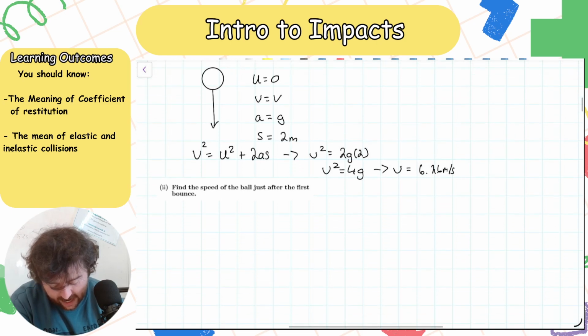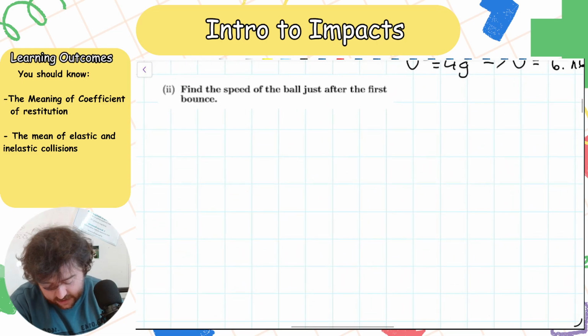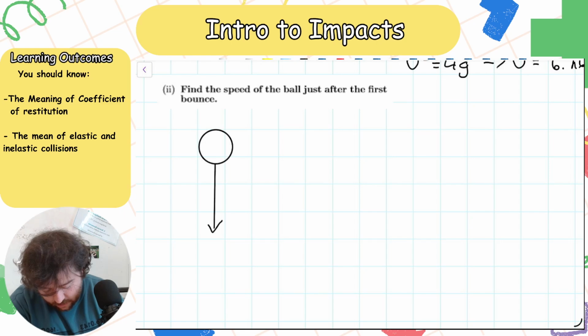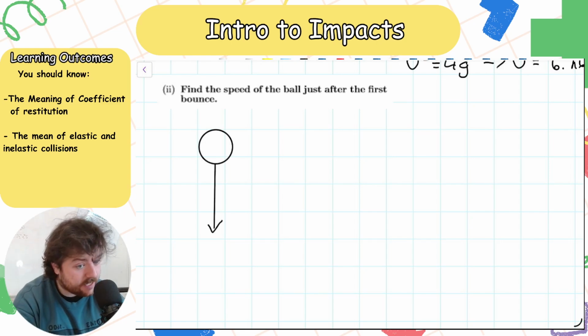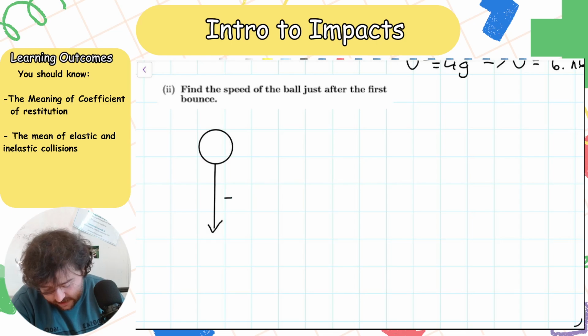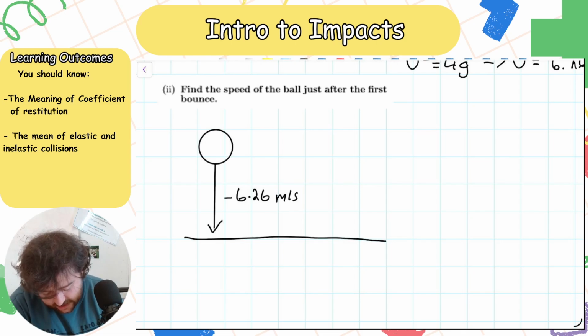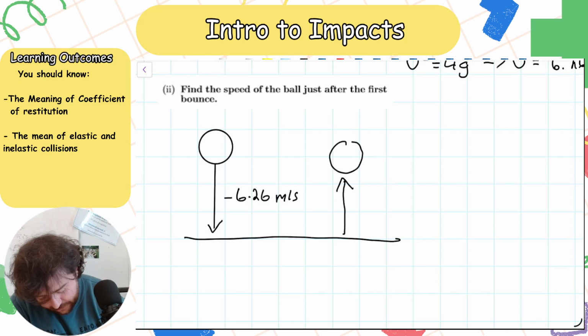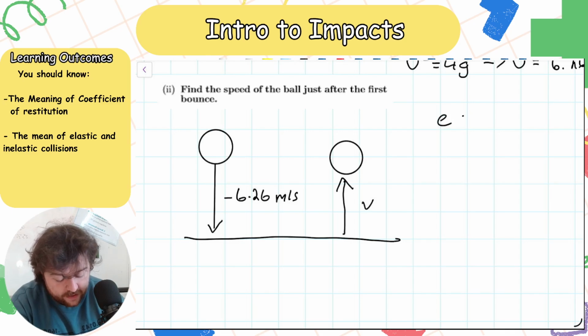Find the speed of the ball after the first bounce. So I have my ball. Now, it was going down with a speed of 6.26 meters per second, but we're dealing with velocities here, so it's minus 6.26 meters per second. Then it hits the ground and bounces back up. We don't know what the speed is, but I do know my coefficient of restitution is 0.9.